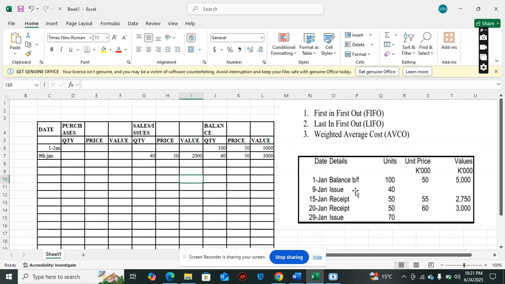Okay, we go to the next transaction. 15th January, receipt, which means we purchased some goods. We purchased 50 goods valued at 55 kwacha each.